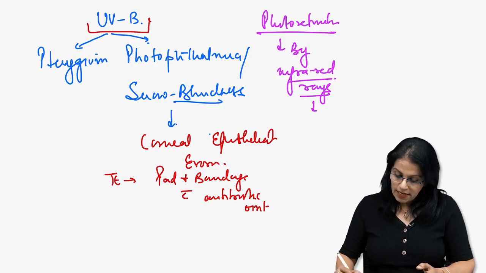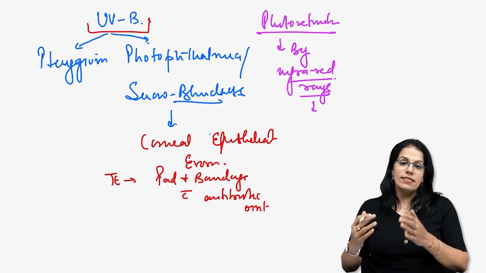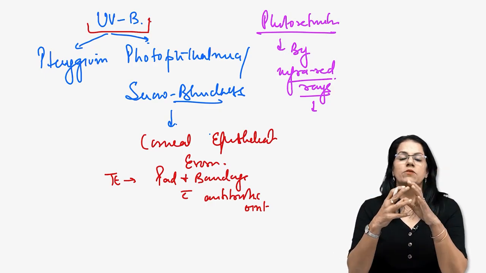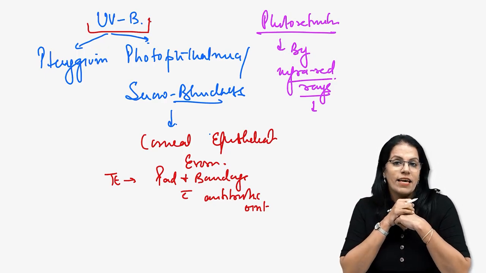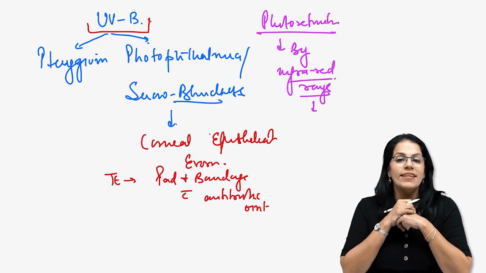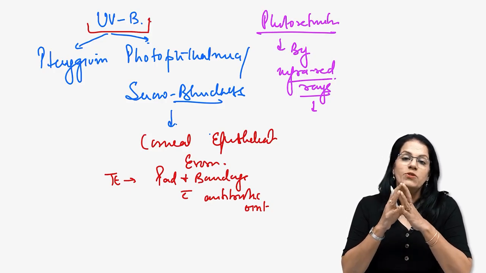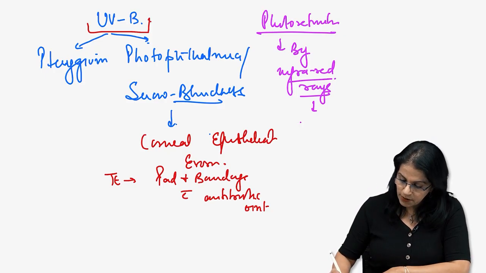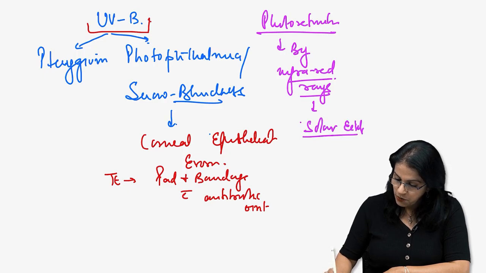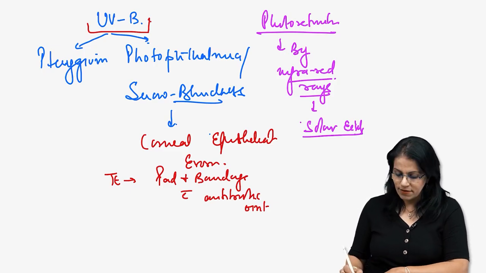Snow blindness happens when you are not using any goggles, no UV protection, and you are going at a height. Photoretinitis happens when you look directly at a solar eclipse with the unaided eye, no filter. When you are looking at the solar eclipse with the unaided eye, you can get photoretinitis.